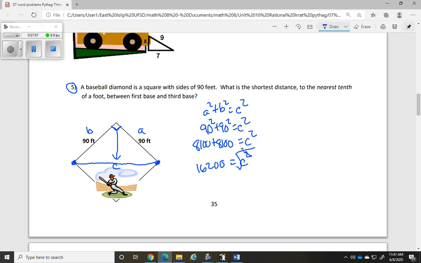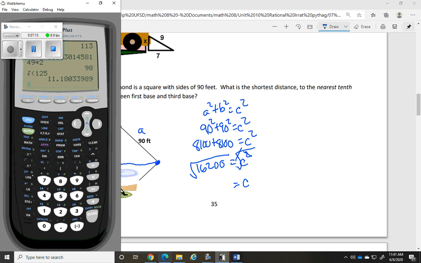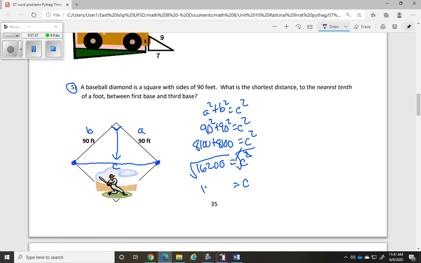To undo the square, you square root. Whatever you do to one side, you do to the other. And we use our calculator, and the square root of 16,200 is that. It says round to the nearest tenth, so 127.3. I'm going to actually change this to a squiggly equal sign. It's about 127.3.